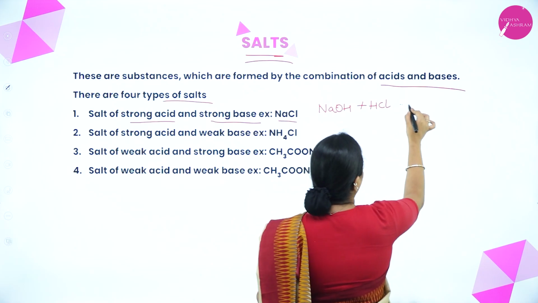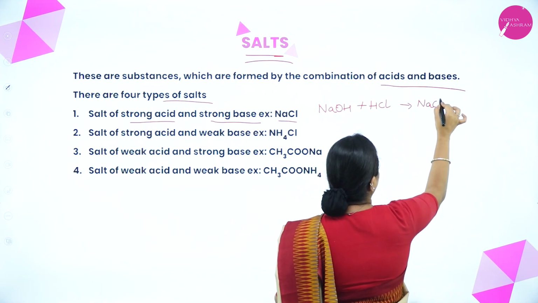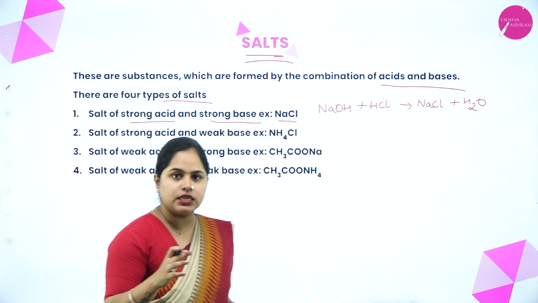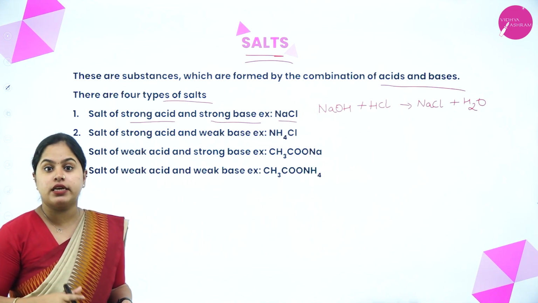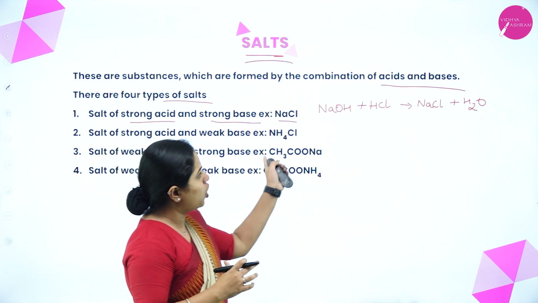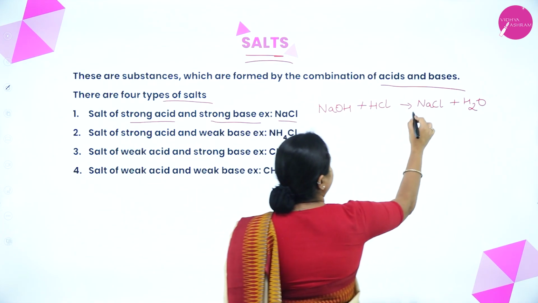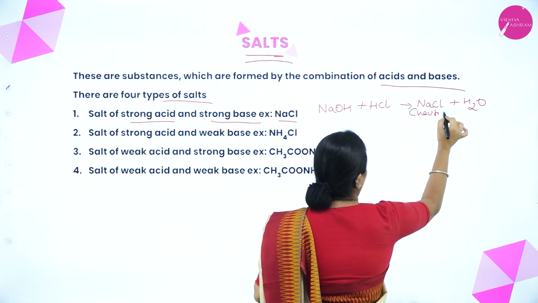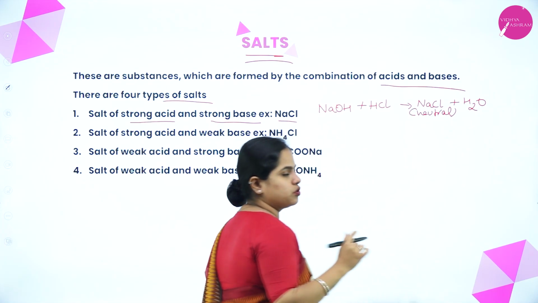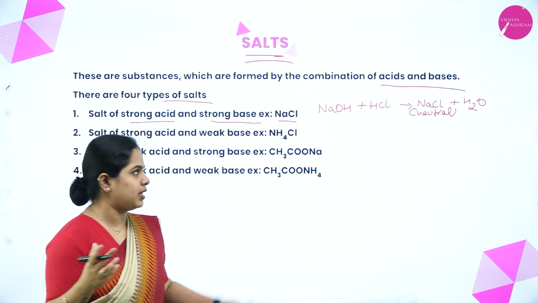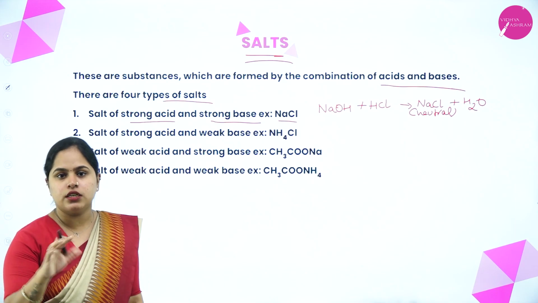The salt formed is sodium chloride, and water will also be formed. So sodium chloride is a salt of a strong acid and strong base. Since both are strong, this salt will be neutral. So this is what you have to remember: the first type is a salt of a strong acid and strong base, with an example, and it is a neutral salt.